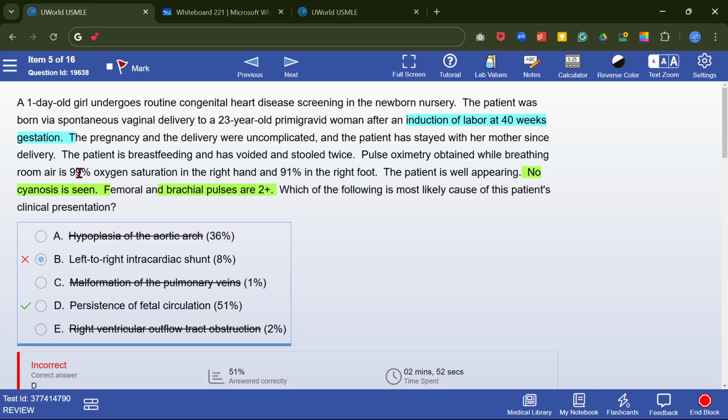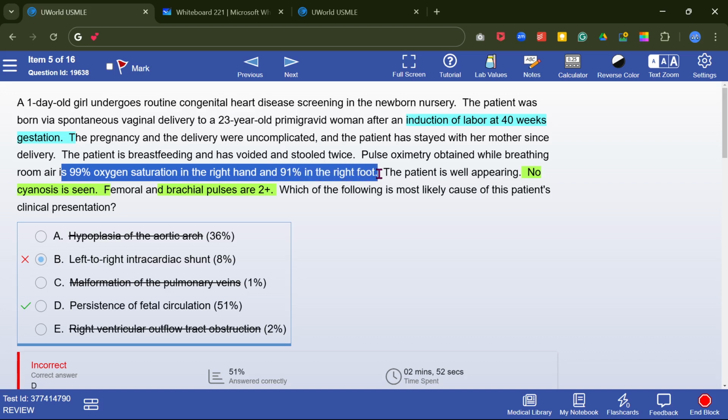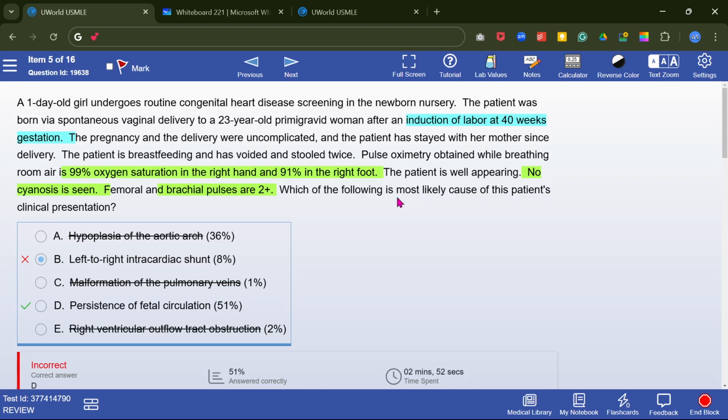Okay, this is important. Oxygen saturation is 99% in the right hand and 91% in the right foot. So there is an oxygen saturation difference between the arms and the legs.